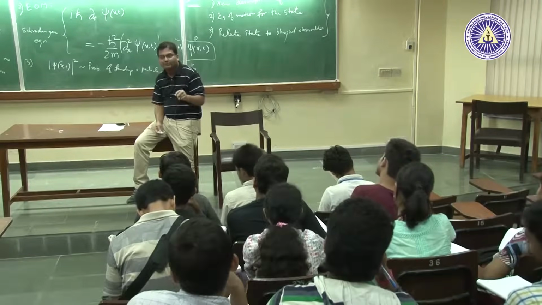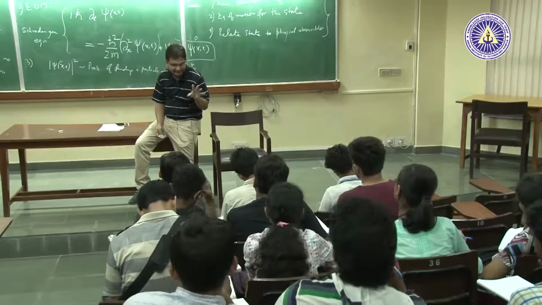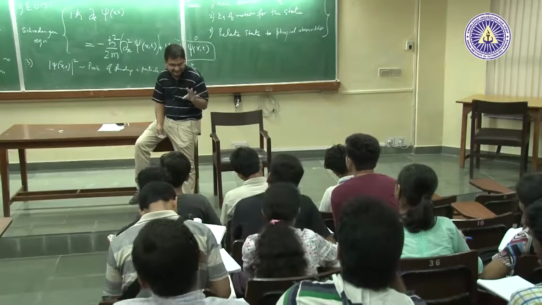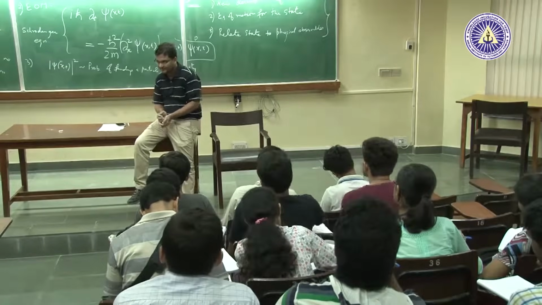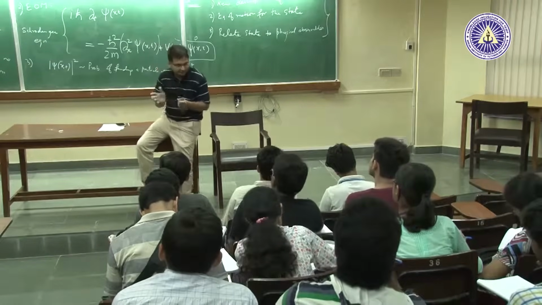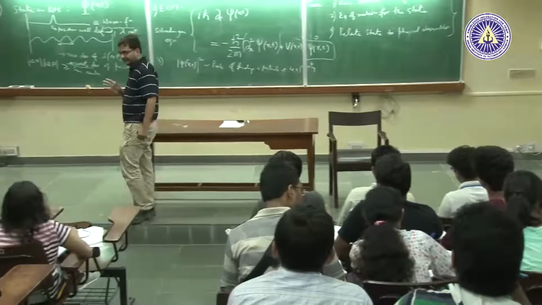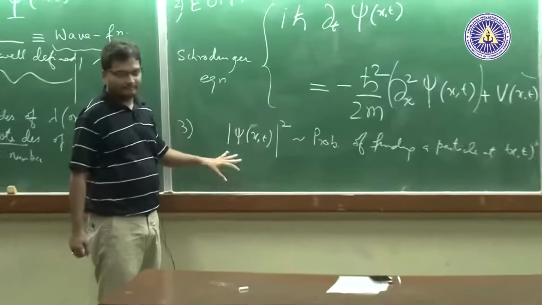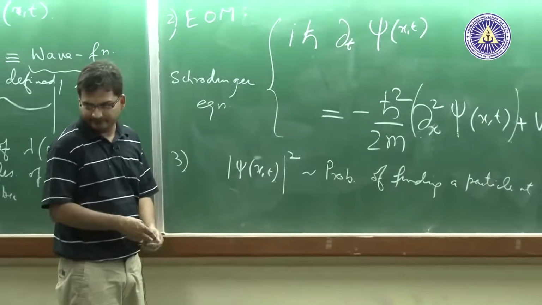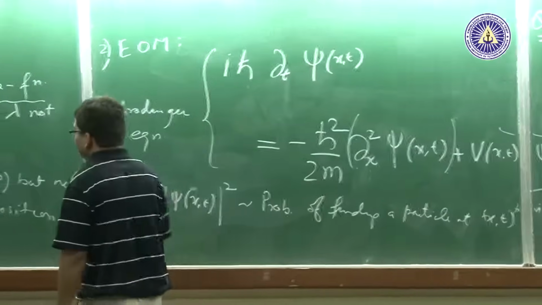So, whatever my state variable be, that better be non-deterministic, imprecise, for example. And then it makes sense for it to have a probabilistic interpretation. So, this just measures the probability of finding a particle at a given position. This is a slightly imprecise statement, you can make it more precise.